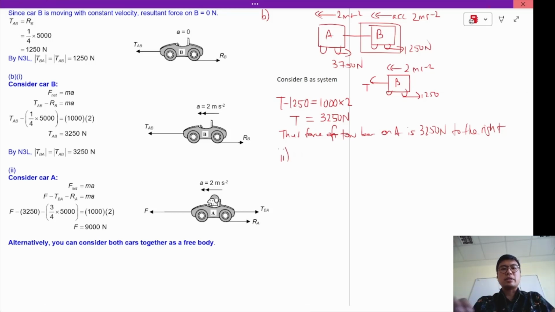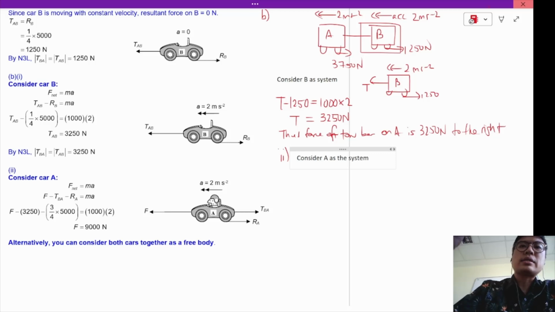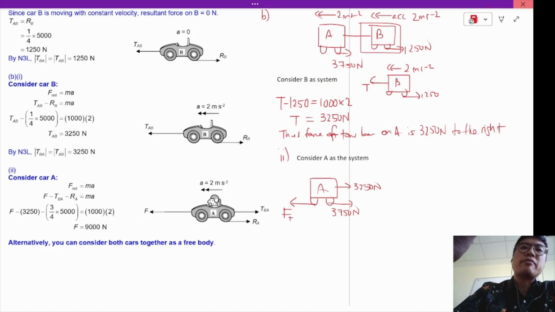So we consider A as the system. Over here, this is the 3750 newton resistance force. This is the 3250 newton tow bar force. And this is the driving force, which we can call Fd.